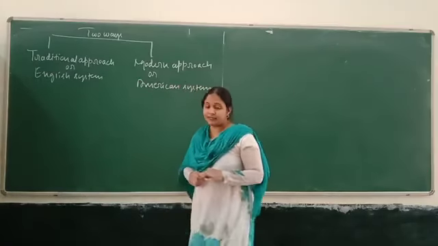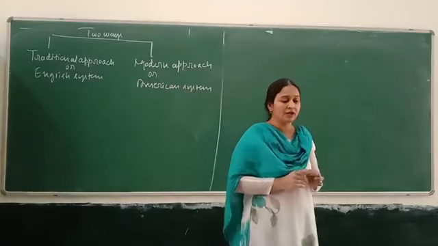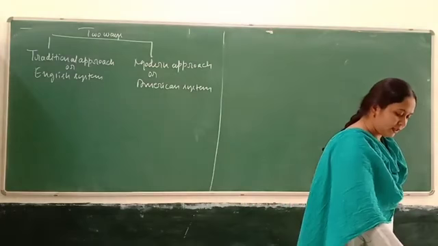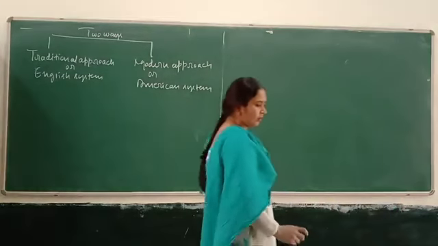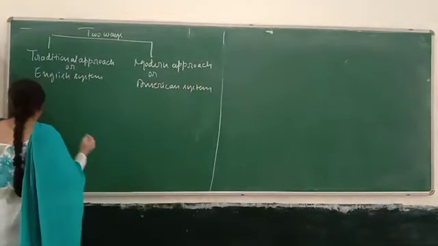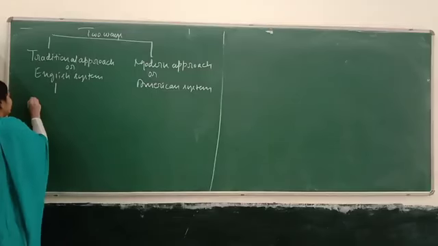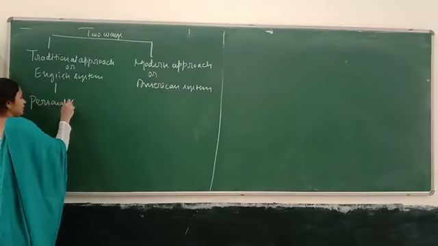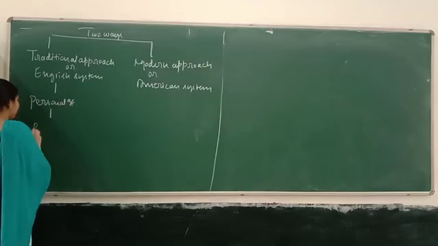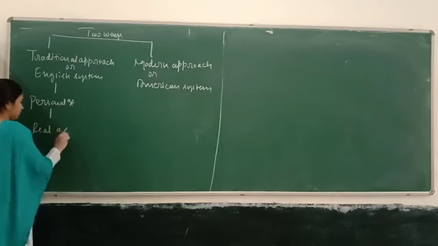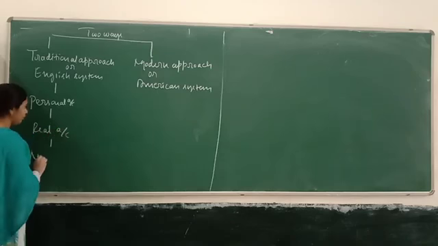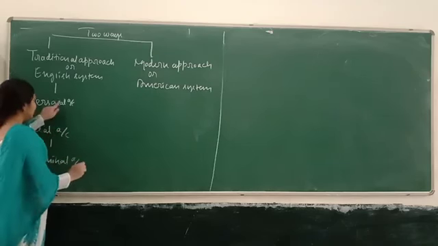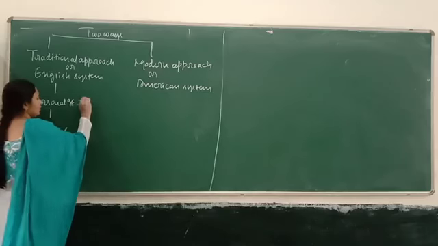In the traditional approach, there are 3 golden rules of accounting: personal account rule, real account rule, and nominal account rule. We had learned in the previous class. What is the rule under personal account?